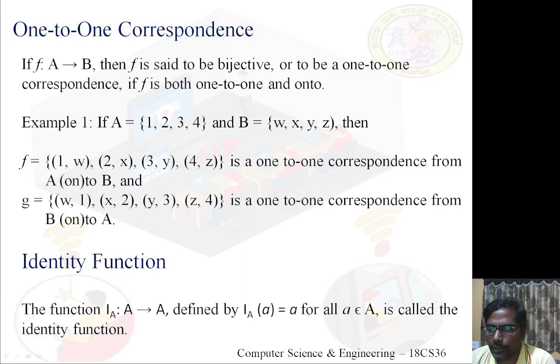I repeat, the function IA from A to A defined by IA of a equals a for all a belongs to set A. It means for all elements in domain, image is itself. For all the elements of domain are mapped to itself. Such a function we call identity function.